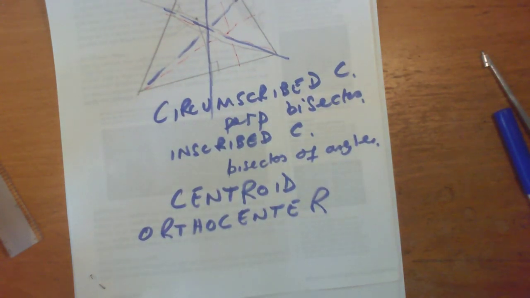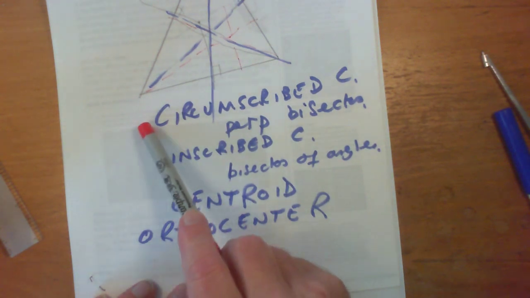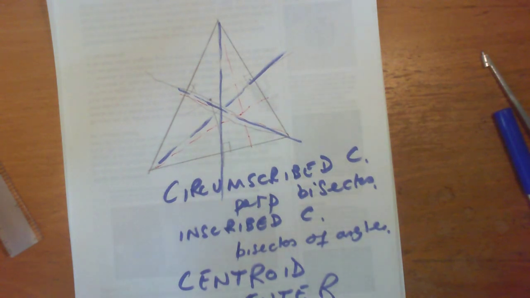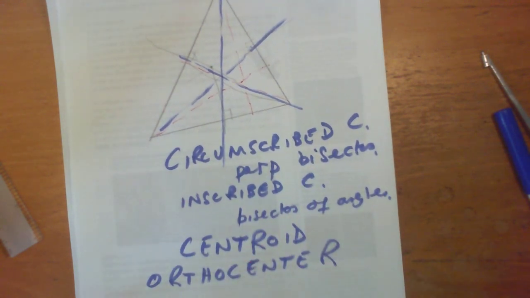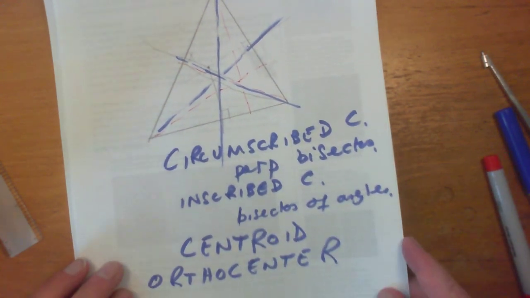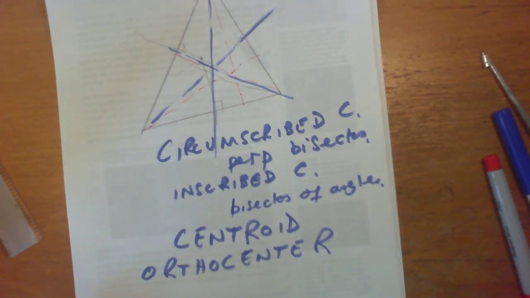And what's quite amazing about this is that the orthocenter, the centroid, and the centre of the circumscribed circle all actually lie on a straight line. The centre of the inscribed circle is a bit of an outlier. That does not obey this rule, but it's an interesting general point to make while I'm on the topic anyway. So yeah, thanks for being with me as always. See you next time.